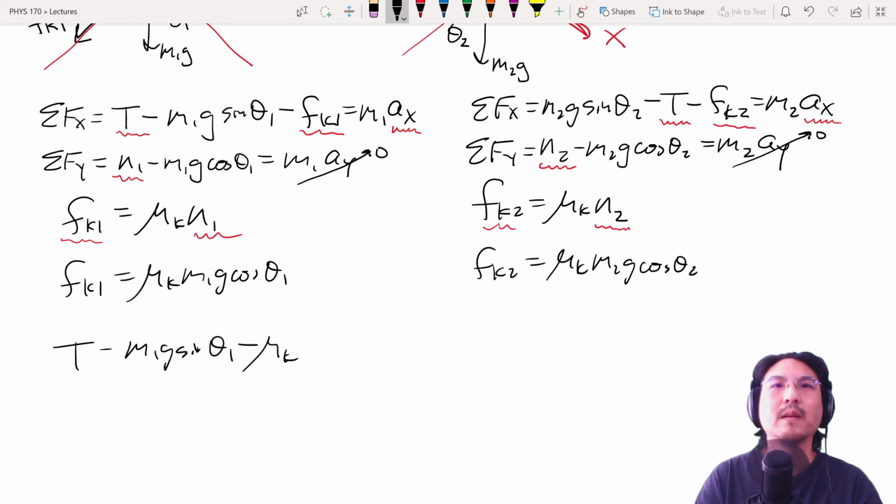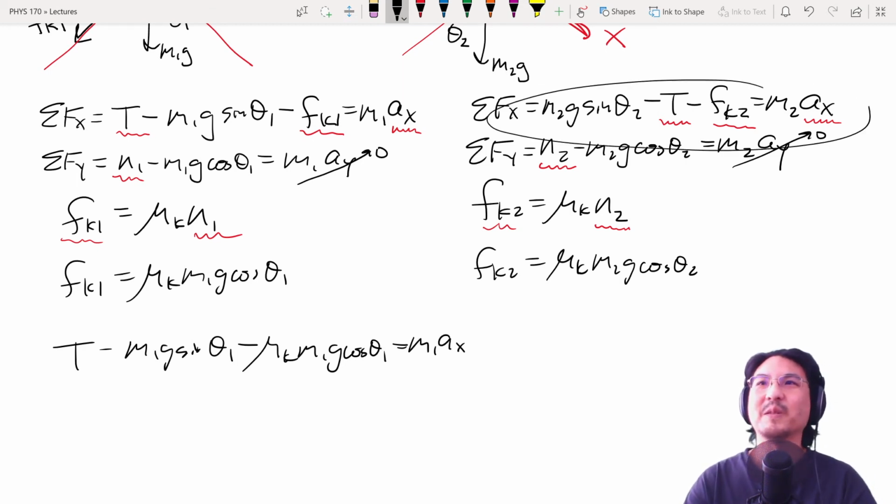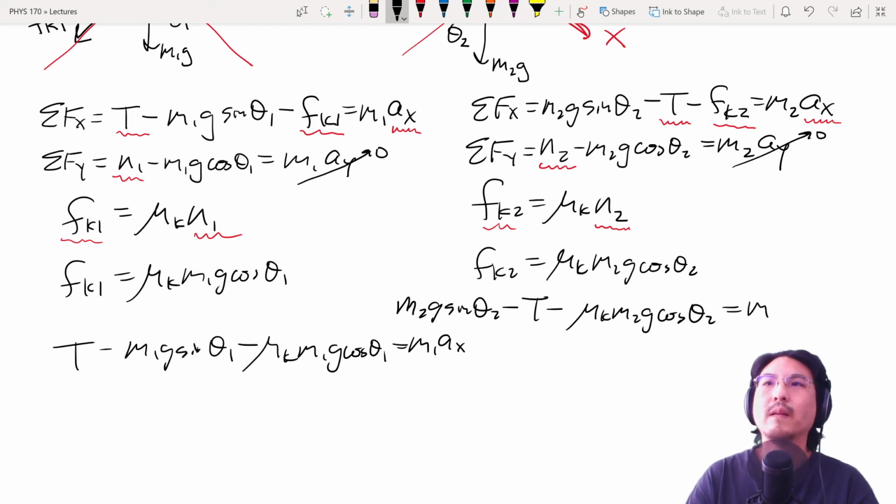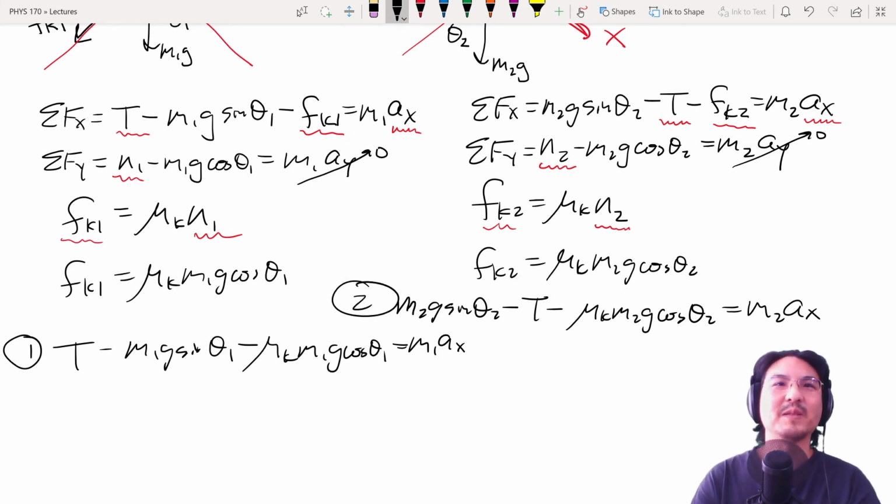Minus, okay, and then I'm going to write this equation. I'll just squeeze over here. Okay, so now that I rewrote those equations, I'll just say 1 and 2, these two. Right, there are 2 unknowns.